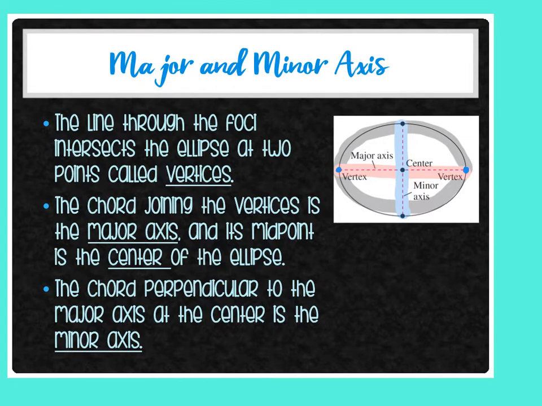And the chord joining the vertices is the major axis. So this one is called the major axis. It's the longer axis. Its midpoint is the center of the ellipse. And the chord perpendicular to the major axis is called the minor axis. So the shorter one would be the minor axis, and these are referred to as co-vertices.